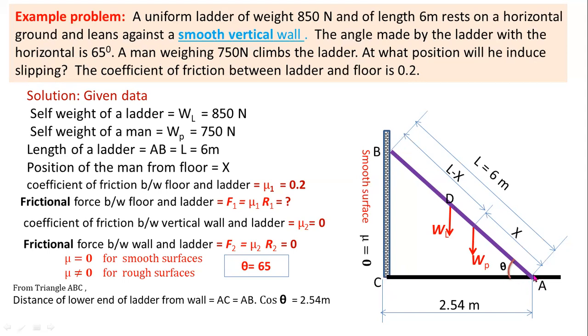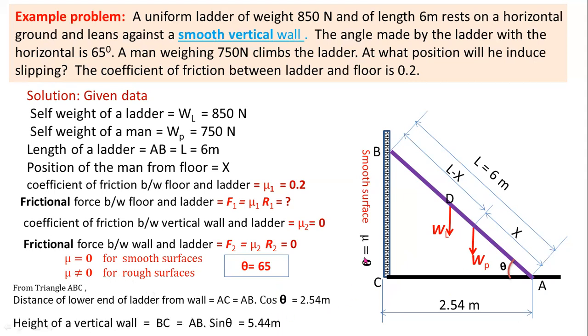AB is the hypotenuse, AC is the adjacent side, and BC is the opposite side. Cos theta equals adjacent side divided by hypotenuse, so AC by AB is equal to cos theta. From that formula, the length of the horizontal floor AC equals hypotenuse into cos theta, that is 2.54 meters. Substitute theta equal to 65 degrees and AB equal to 6 meters.